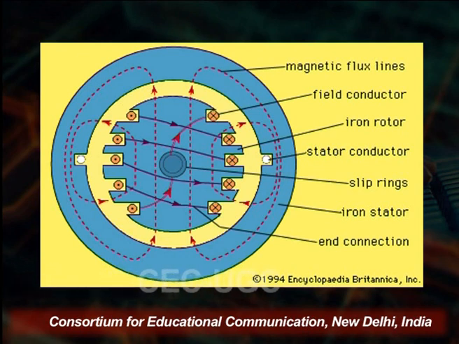We have a rotor and a stationary field. You see the magnetic flux lines, the field conductors and iron rotor, the stator, stator conductors, slip rings, the iron stator, and the connections that give the output. So, this is the schematic diagram of the synchronous generator.